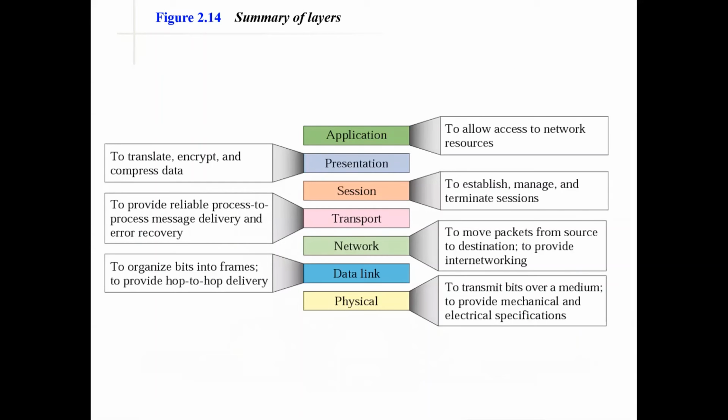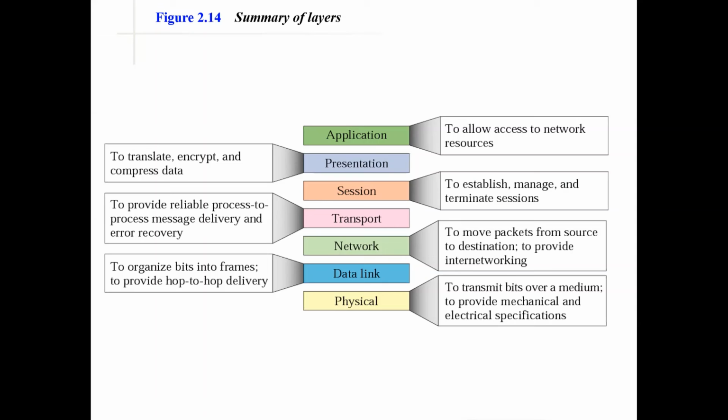In the end, in a one-word definition, we will discuss the functionality of the physical layer, data link layer, network layer, transport layer, session layer, presentation layer, as well as the application layer. In the physical layer, the function is to transmit the bits over a medium and to provide the mechanical and electrical specification.